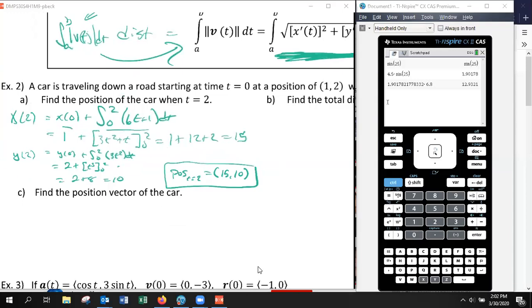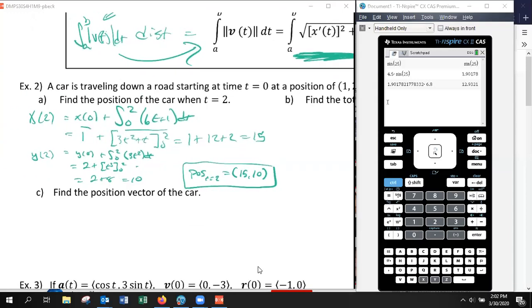Now, this is where we get to see what we call the net change theorem. This is something that I tried to get you guys to do a lot. A lot of people tend to view integration as a differential equation style.